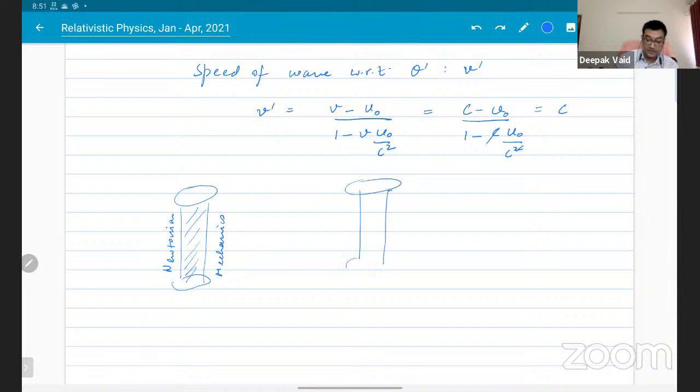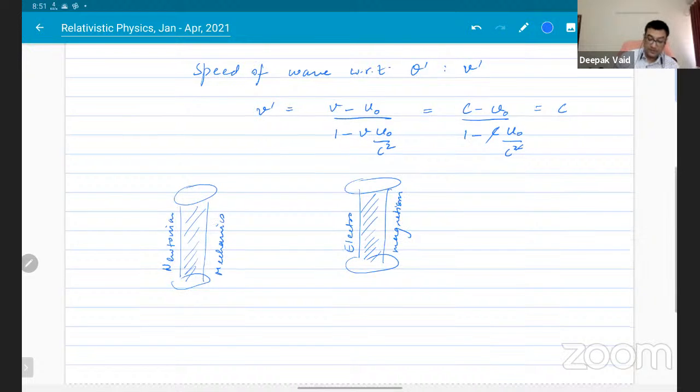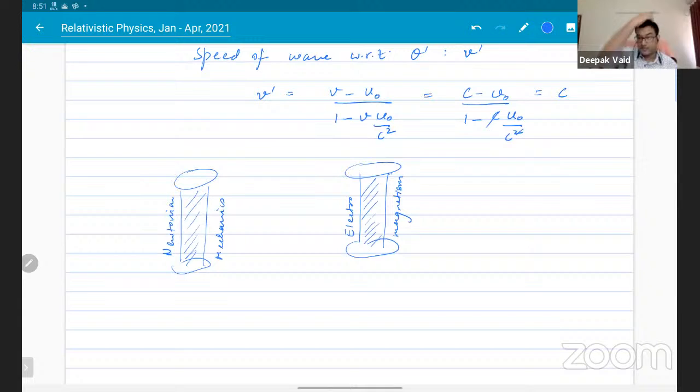These are my representation of pillars. This was the theory of electromagnetism. Now you have to remember that electromagnetism was not very old by the time Einstein came into the picture.